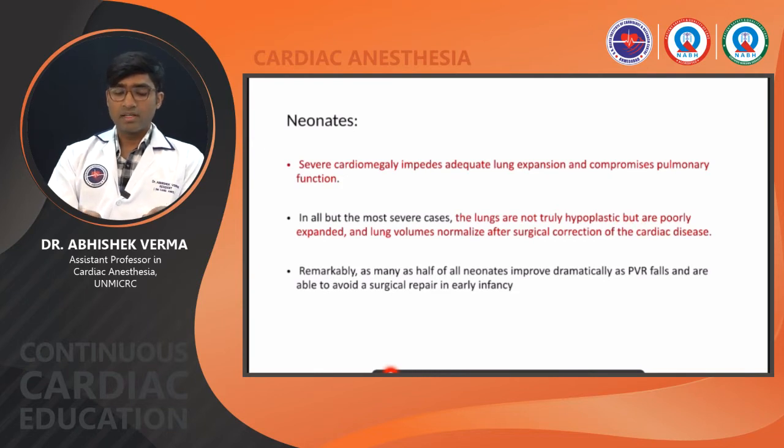They can be expanded after normalizing the cardiac size, or we can say after the surgical correction of the cardiac disease. Remarkably, as many as half of the neonates improve dramatically as the PVR falls and are able to avoid a surgical repair in early infancy.